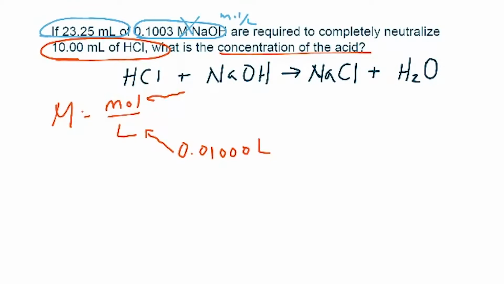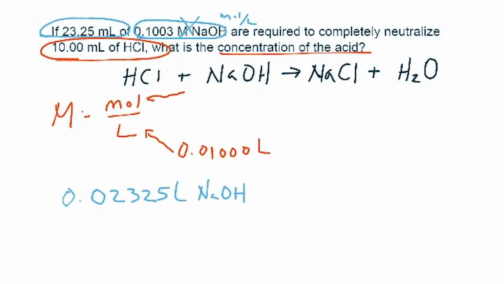So now I see that to do my stoichiometry, the amount that's given is the 23.25 milliliters of sodium hydroxide. Knowing, of course, that my molarity bridge is in liters for volume, not milliliters, I'm going to go ahead and put my volume of the sodium hydroxide in liters to begin. So 0.02325 liters of sodium hydroxide.